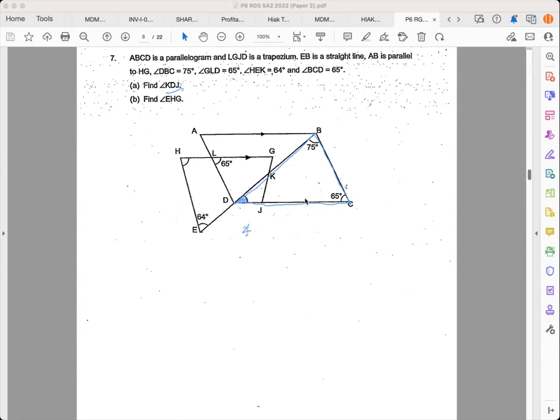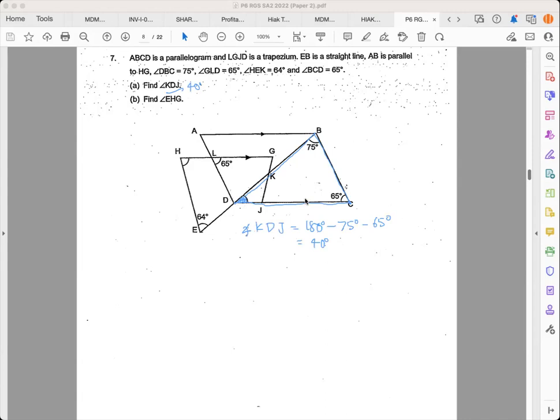So angle KDJ, which is part of the interior angle of triangle BDC, is 180 degrees minus the other two angles, and you get 40 degrees. So there's part A answer, 40 degrees.